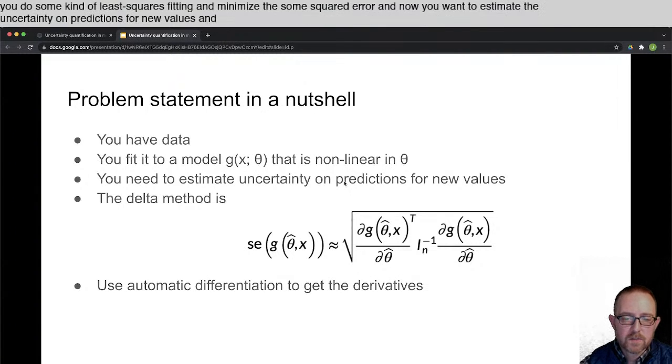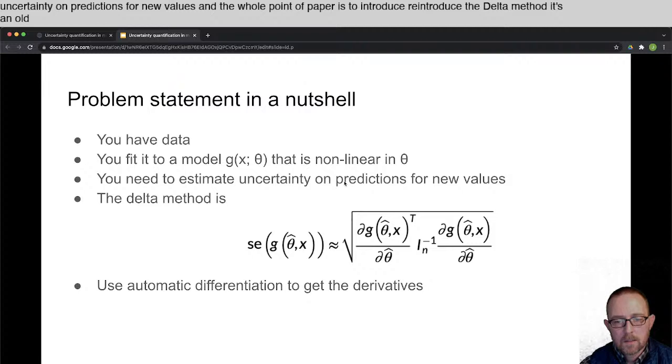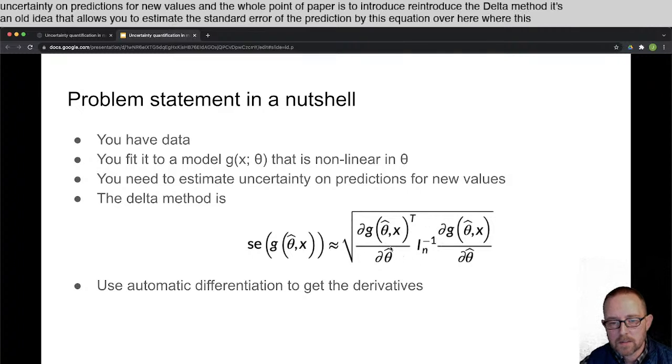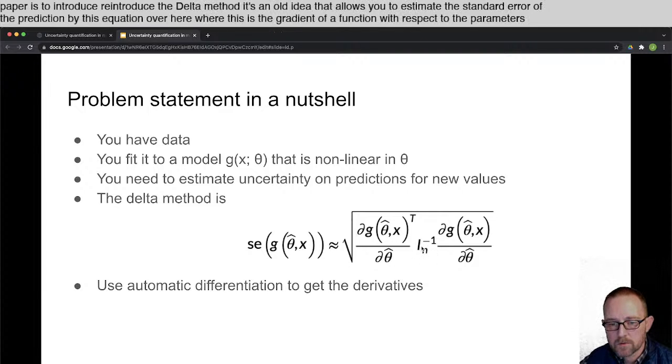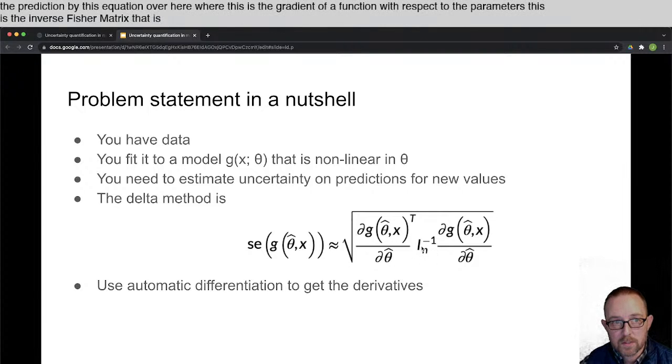The whole point of this paper is to introduce or reintroduce the delta method. It's an old idea that allows you to estimate the standard error of the prediction by this equation, where this is the gradient of a function with respect to the parameters. This is the inverse Fisher matrix that is related to the Hessian of the objective function you minimized with respect to the parameters.